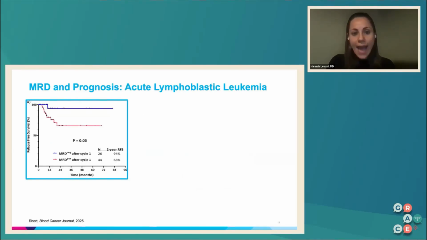Now, looking at ALL again as another case example, we see that using different MRD assessment methods really matters. In the prior curves that I showed you, almost all of those studies used things like flow cytometry that I mentioned, or PCR, like I mentioned before, that have a good sensitivity, but they aren't the deepest, most sensitive tests that you can use for MRD in ALL.